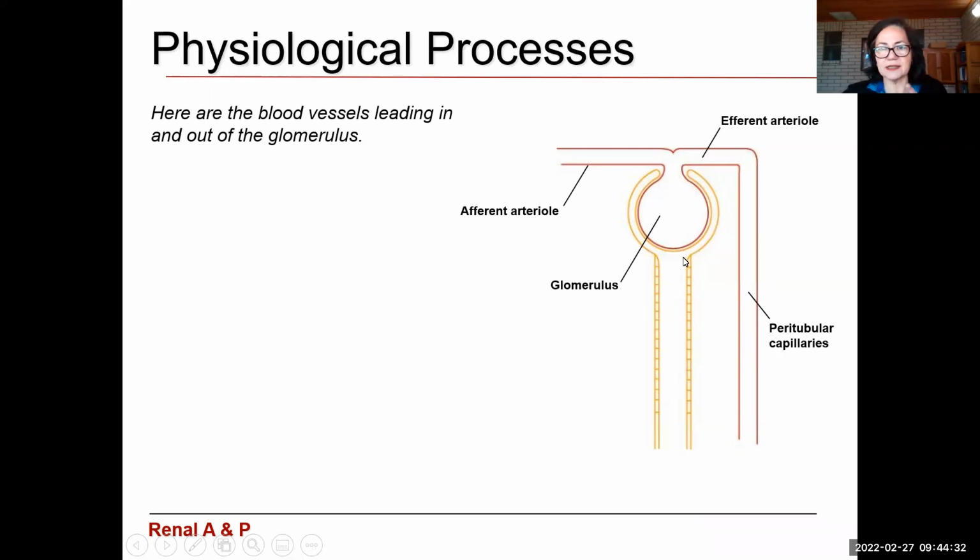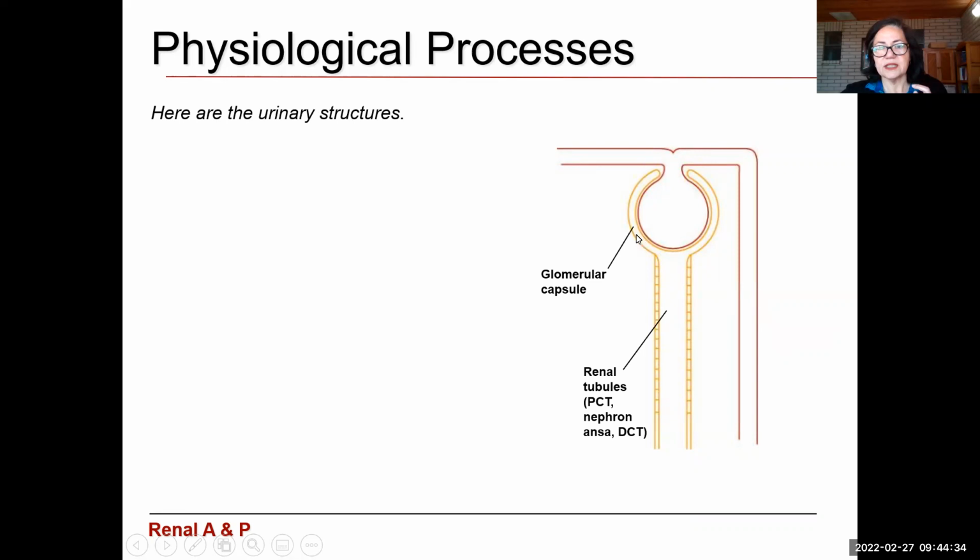All right, let's take a look at the yellow structures. Again, this is the glomerular capsule, same as Bowman's capsule, same thing. Its job is to capture the fluid that's leaving the capillaries. And then the renal tubule is represented here as a straight line. This is a little more complex than that. Part of it is really twisty, so it's called the convoluted tubule.